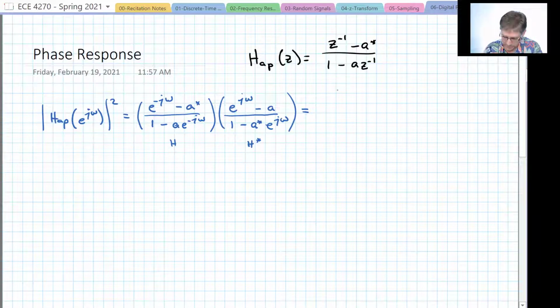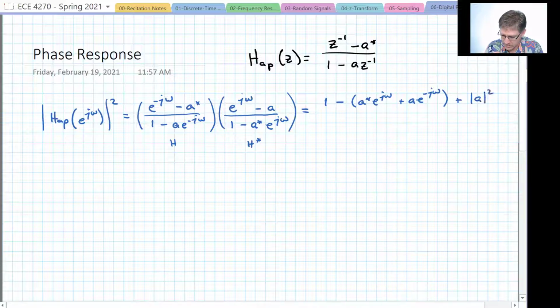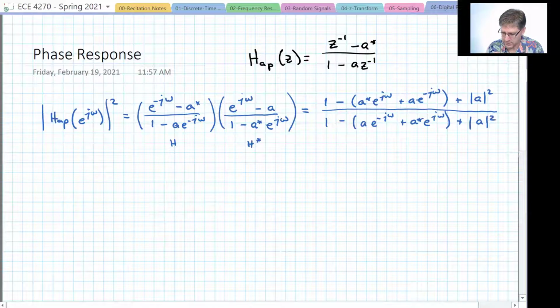Now it's a little bit of algebra. We just multiply this out and we get 1 minus a* e^(jω) plus a e^(-jω) plus magnitude of a squared, all over 1 minus a e^(-jω) plus a* e^(jω) plus, you get it, |a| squared.